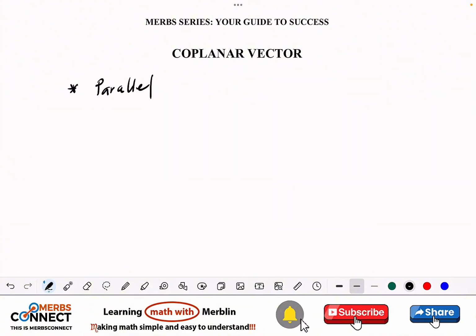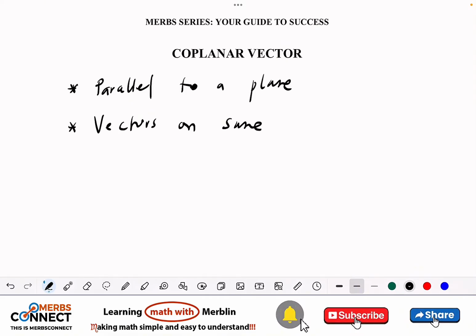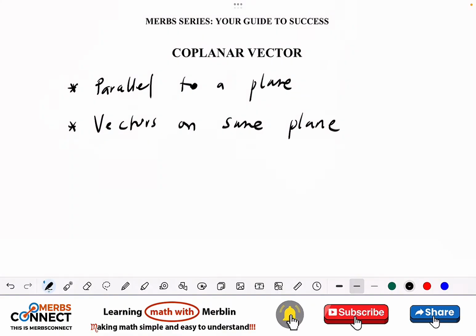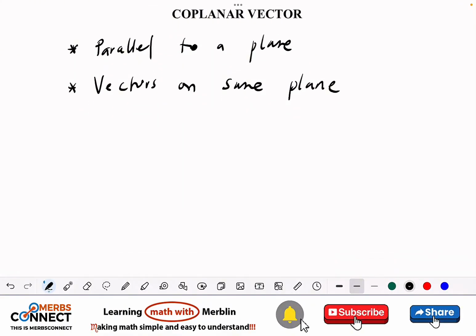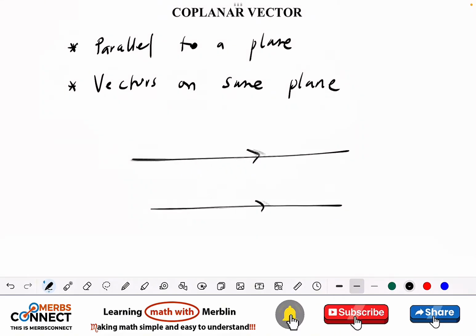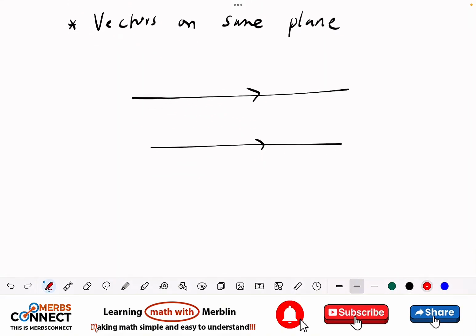So they are parallel to the plane, or the vectors are on the same plane. So for example, this and this. Or we can say that they are on the same plane.